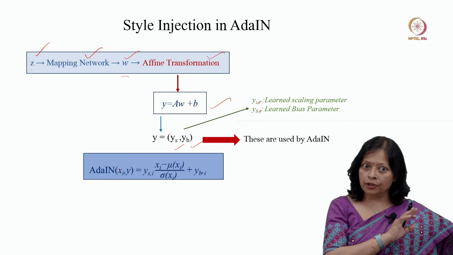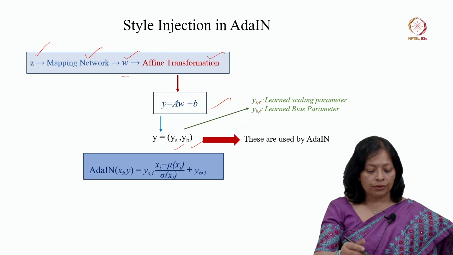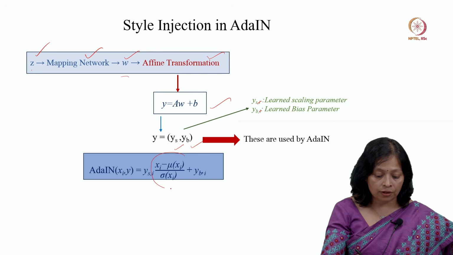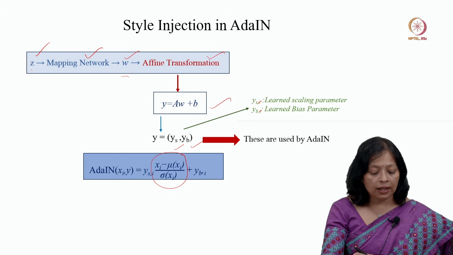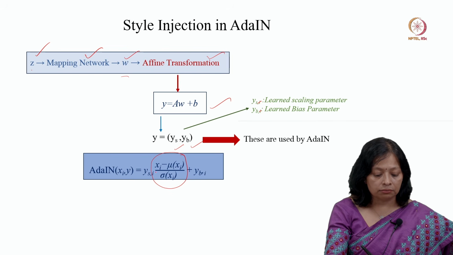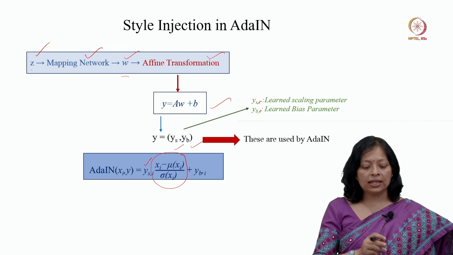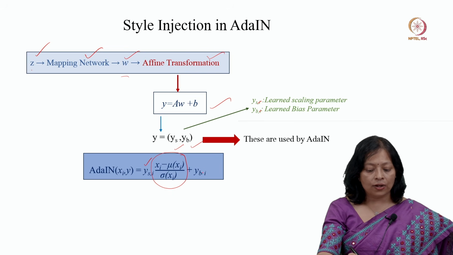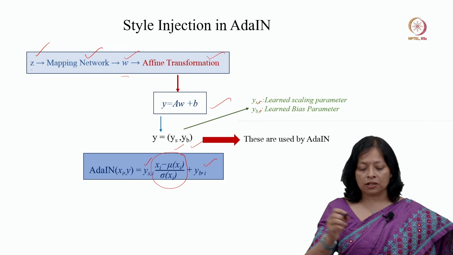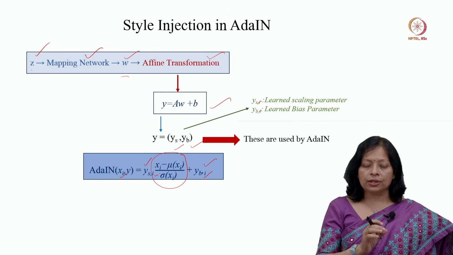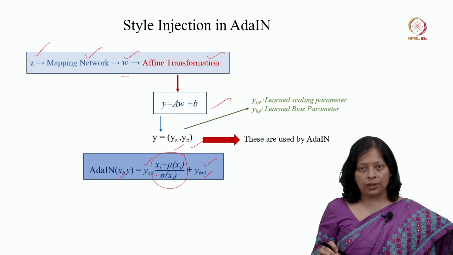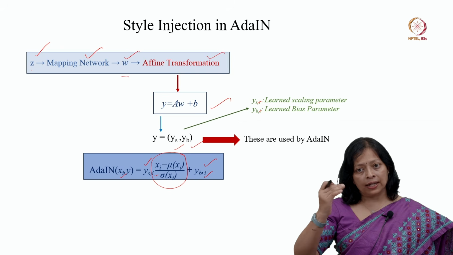We have already normalized, so this is the normalization step of the feature map. Then we multiply this with y_s and add the bias term y_b, and this is done for the ith layer. So i tells you which layer you are doing it in, and it changes for every layer.